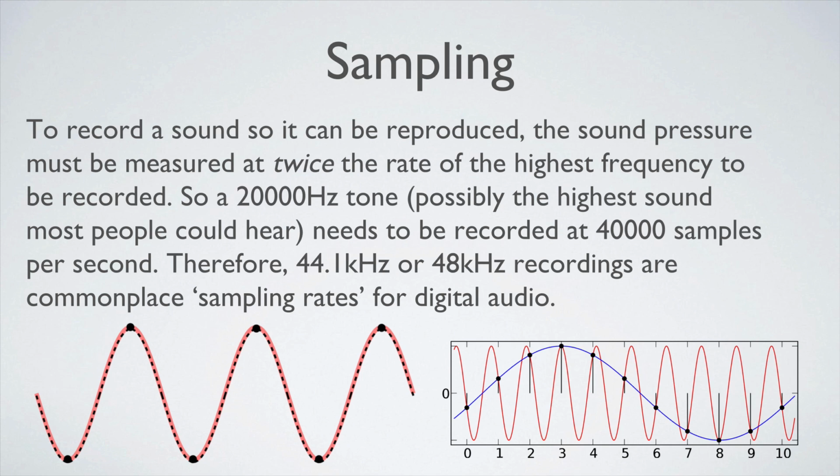If we don't do that, we may end up with alias frequencies here. We're trying to measure the red one, but we end up with the blue one because the measurements aren't happening fast enough to capture the top and bottom of the red one. We're only capturing 1 measurement per wave, and it's not quite enough.